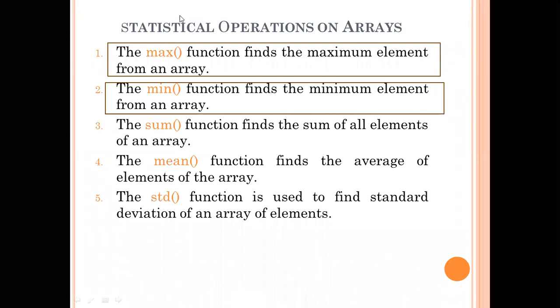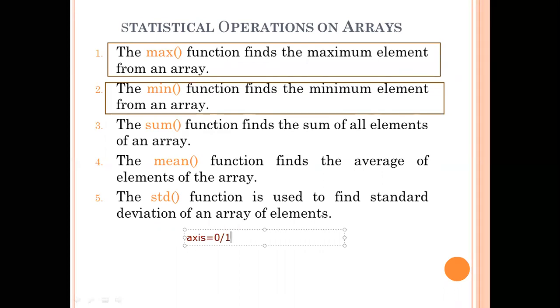Now just check this. If I am not giving the axis, then it will find the maximum value over everything. If I am giving the axis, it means we want the row-wise maximum or column-wise maximum, so we have to give the axis. There are two values, 0 or 1. 0 is for columns.